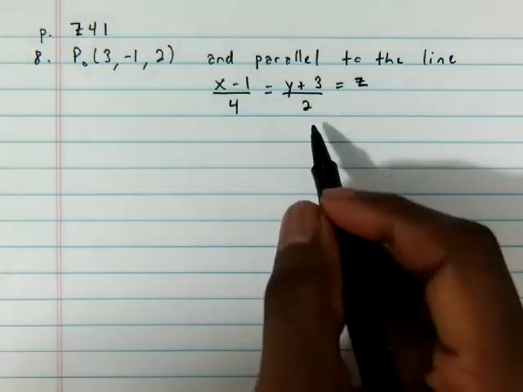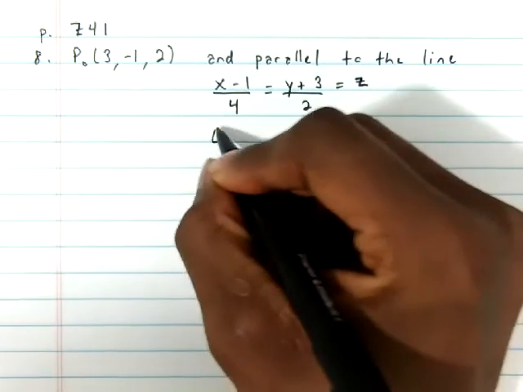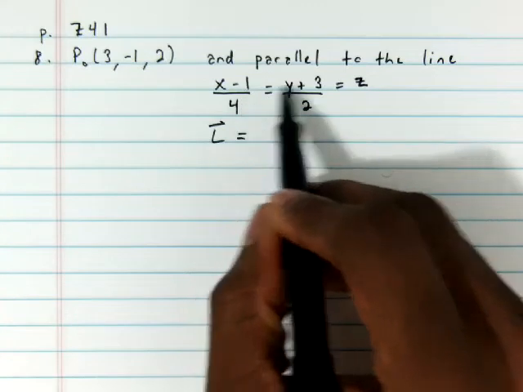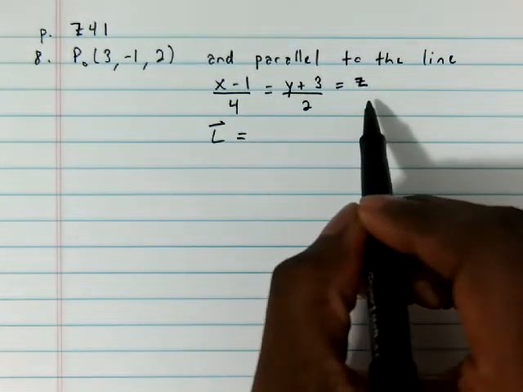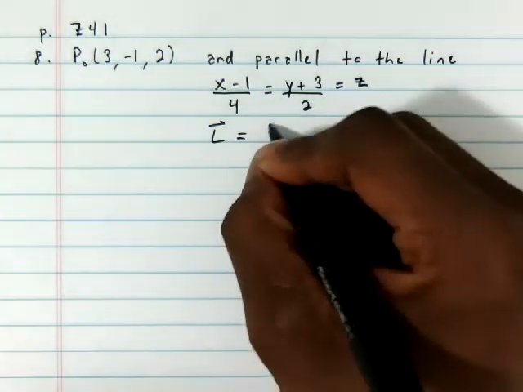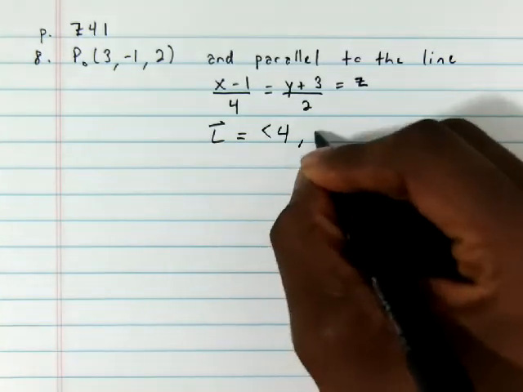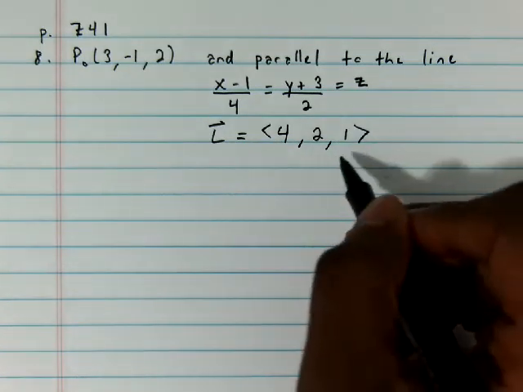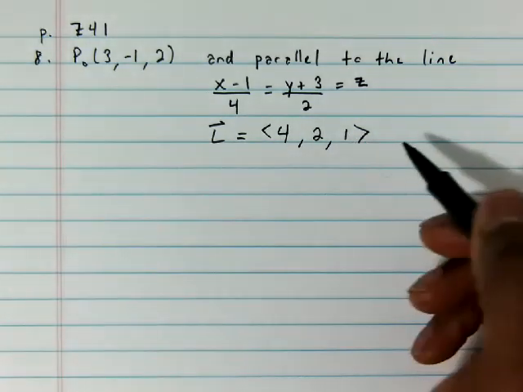So from this, what is the vector L? Remember that L is not from the numerator, but from the things you see in the denominator here. So L is (4, 2, 1). Now, sometimes people may use a different vector. Any vector that's parallel to this will work. The natural thing is to use (4, 2, 1).